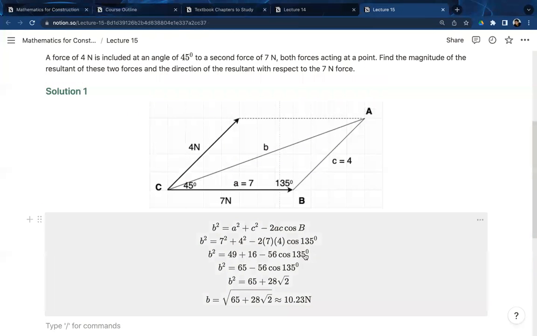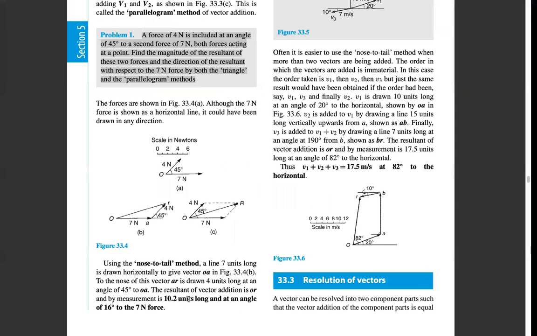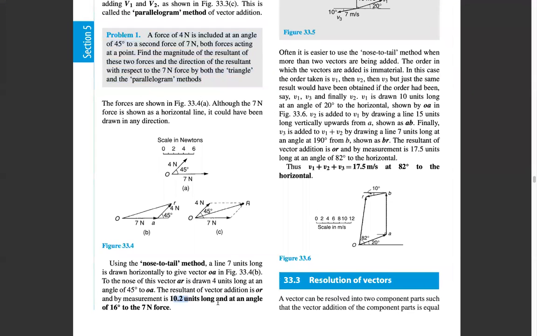Cosine 135 is minus root 2 over 2. So that minus root 2 over 2 multiplied by minus will give positive root 2 over 2. 56 over 2 is 28. So the square root of all this here is 10.23, which is what they say here, 10.2 units.